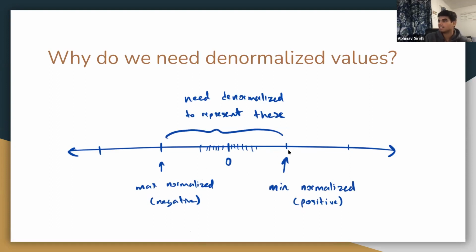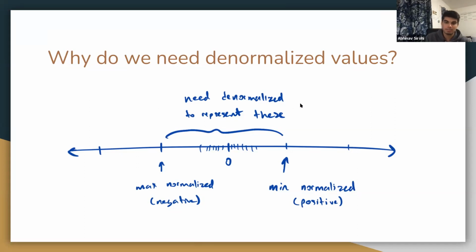Basically, there's a number here, which is the minimum normalized value, and a number here, which is the maximum normalized value in the negative part. But there are also numbers in between these two values that we have to represent in computers, and we can't do that using the normalized way. So that's why we need to use the denormalized way to represent those numbers.